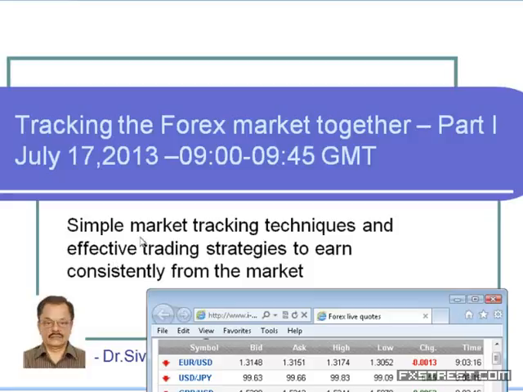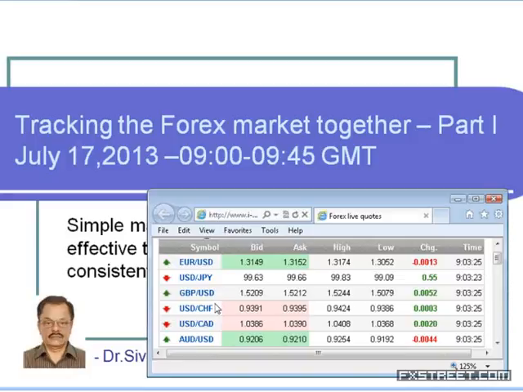And also, after tracking the market, we need effective trading strategies so that we are able to consistently earn from the market. There is no point in earning on 50% of the occasions and losing on 50% of the occasions. Then we only satisfy our quest to trade, but not really make money.